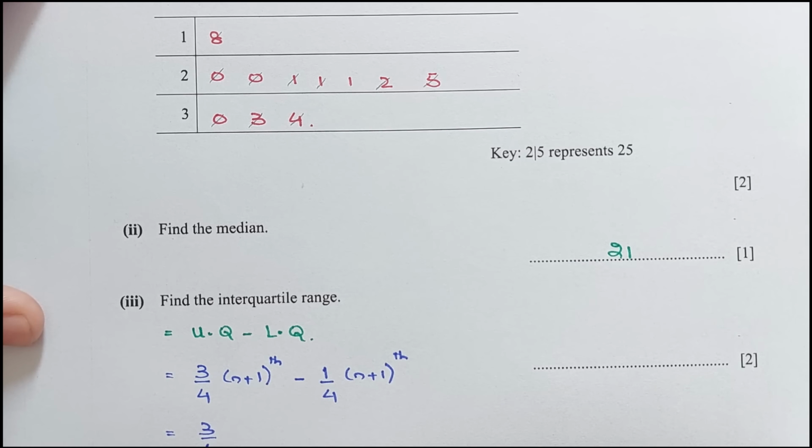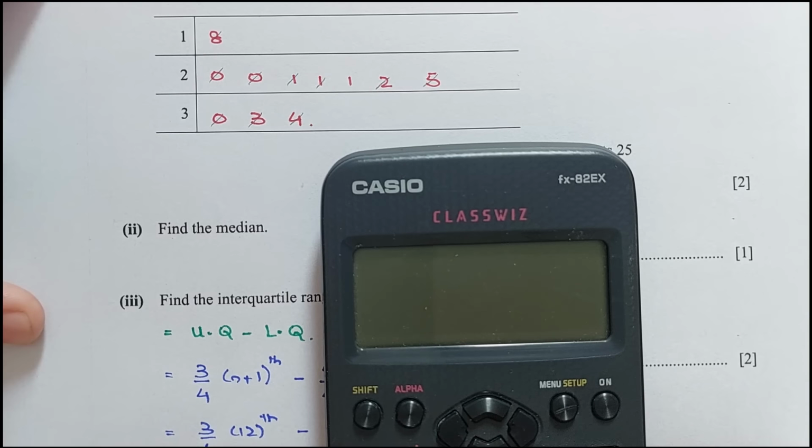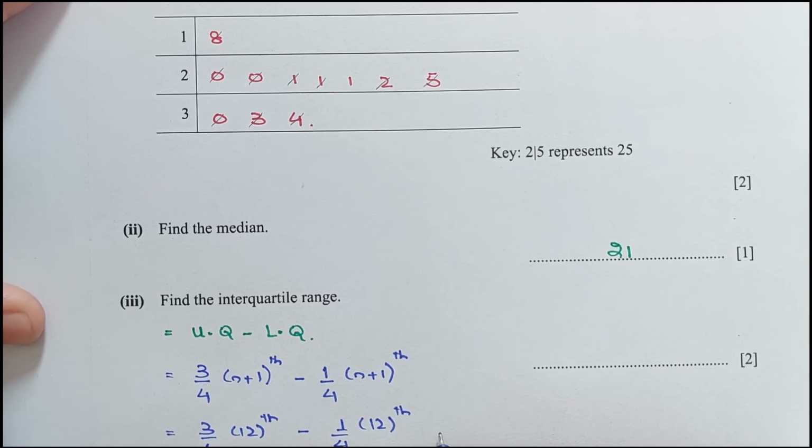So it's 3 by 4 of the 12th value minus 1 by 4 of the 12th value. Let me calculate. 3 by 4 of 12 is the 9th value we have to pick, minus 1 by 4 of 12, which is the 3rd value.